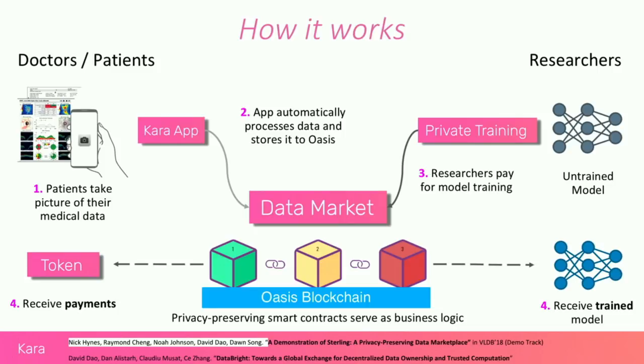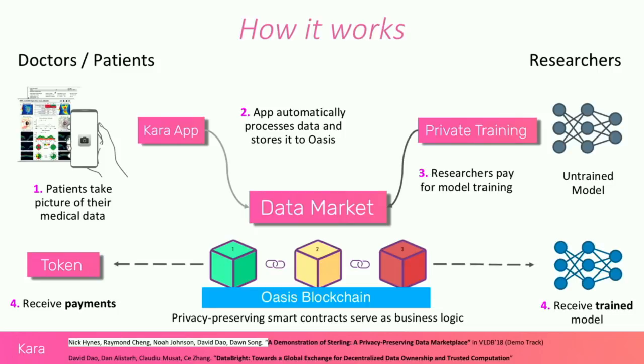Once the smart contract collects enough data, it can train machine learning models over the data, and this way can help medical researchers and pharmaceutical companies to do their medical research and to help find better cures for diseases.